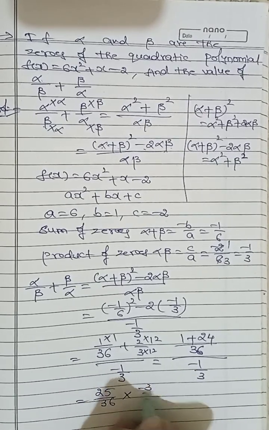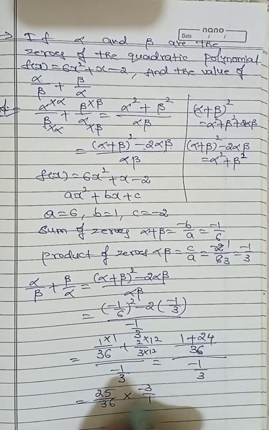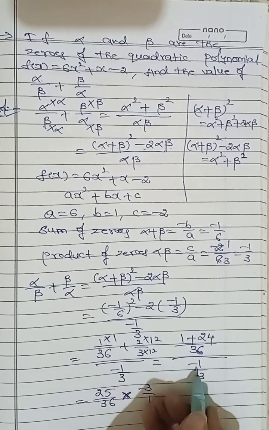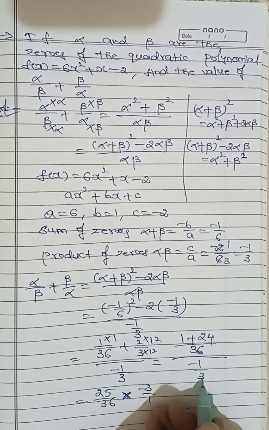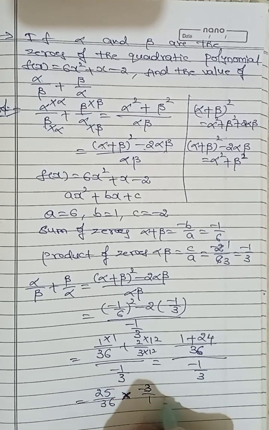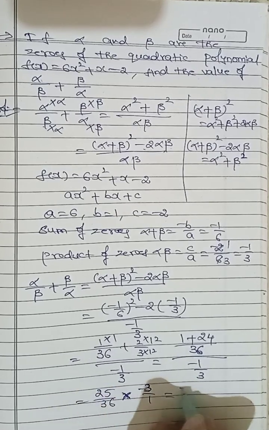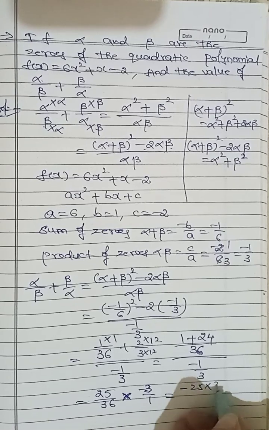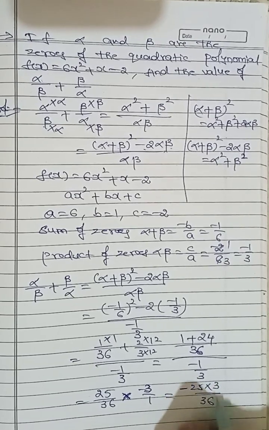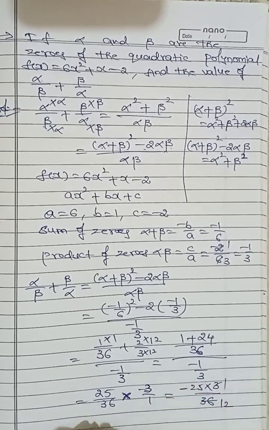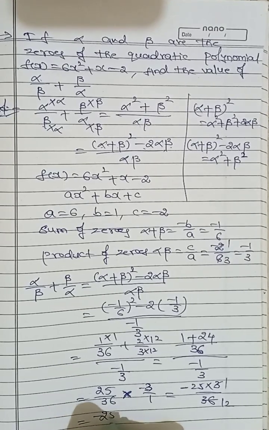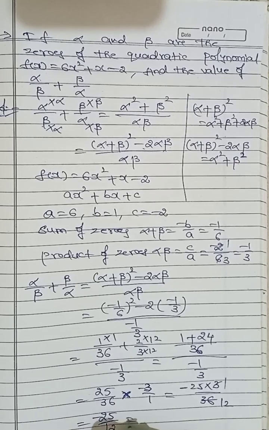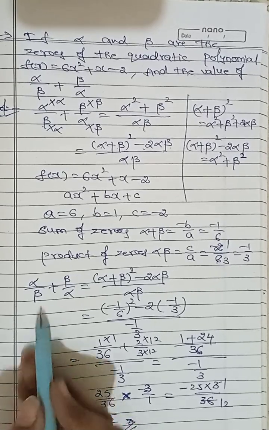Division becomes multiplication, and the denominator minus 1 by 3 becomes its reciprocal, that is minus 3 by 1. That equals plus and minus is minus, 25 into 3 by 36. 3 ones are 3, 3 twelves are 36. That equals minus 25 by 12.